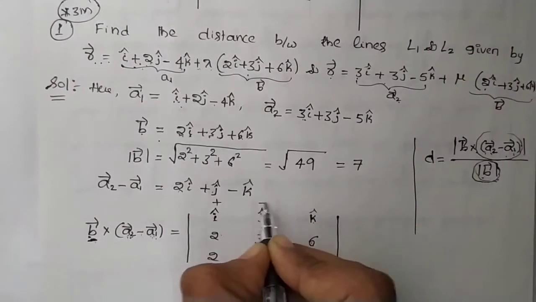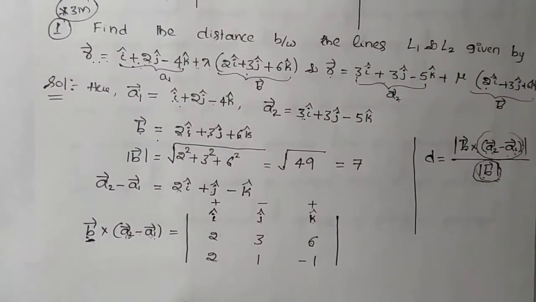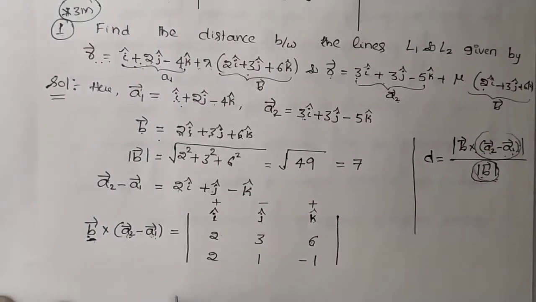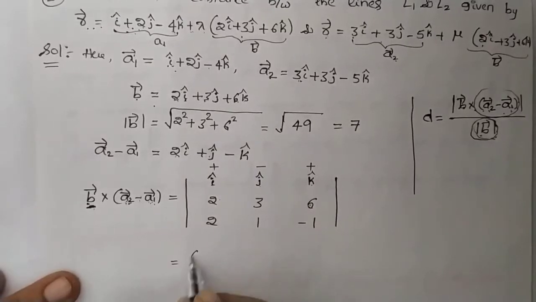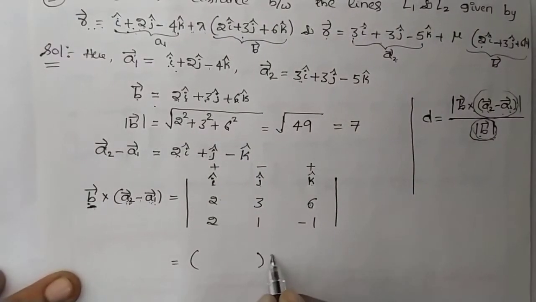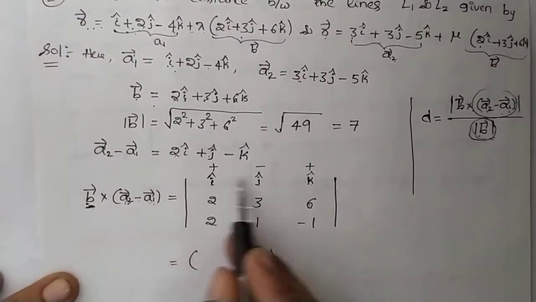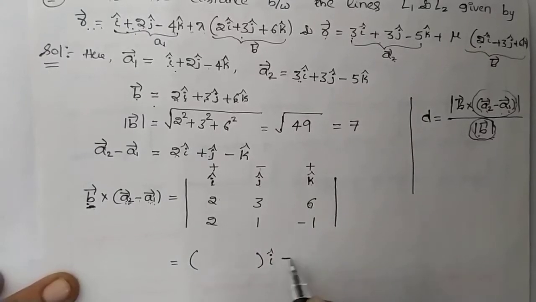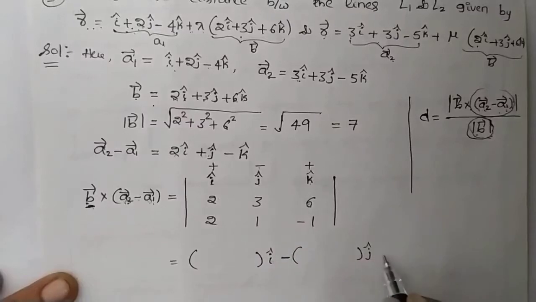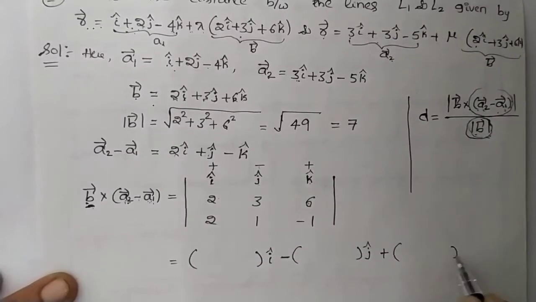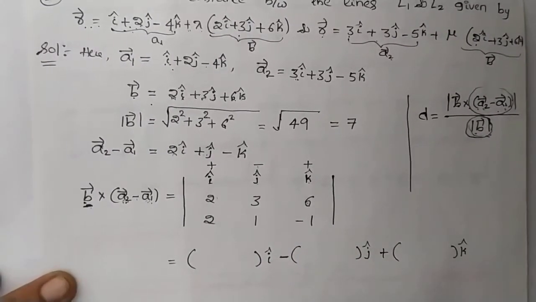The signs are plus, minus, plus. First write i cap, next minus j cap, next plus k cap.